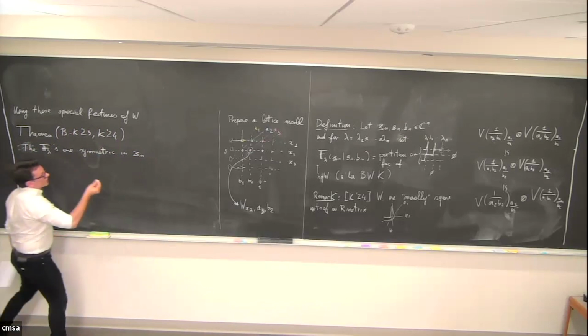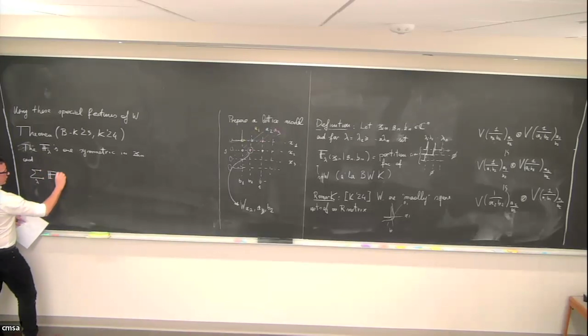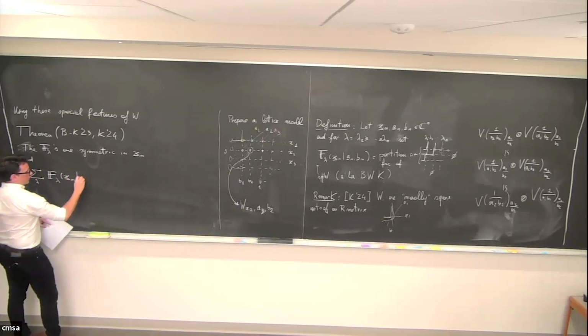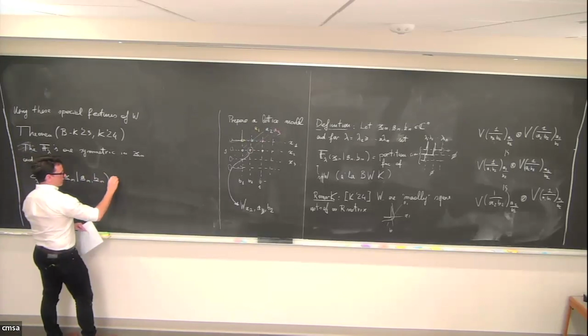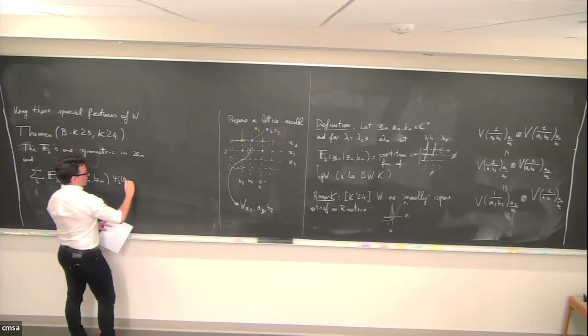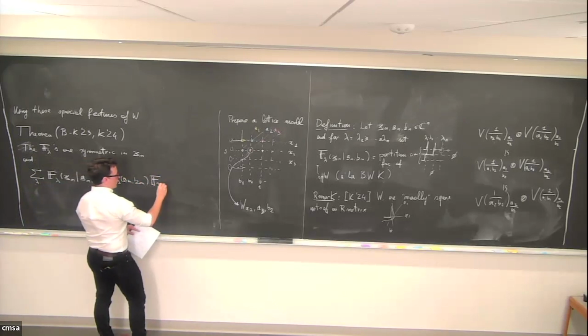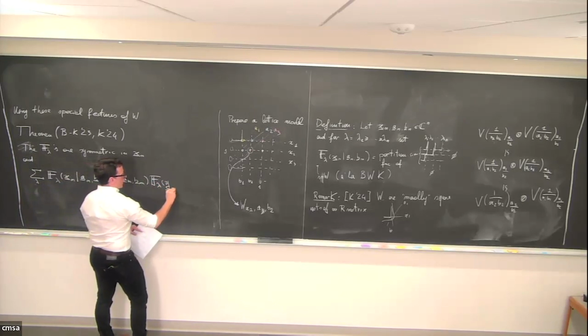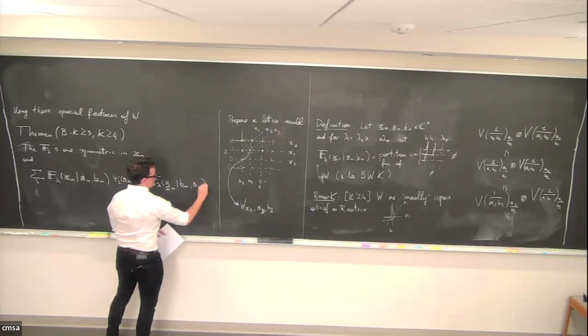And moreover, for example, let me record one property, they satisfy the following summation identity. So A n, B n, and then you have some constant psi lambda, which depends on the A m, B m, and then you have another polynomial, Y m b m a m.